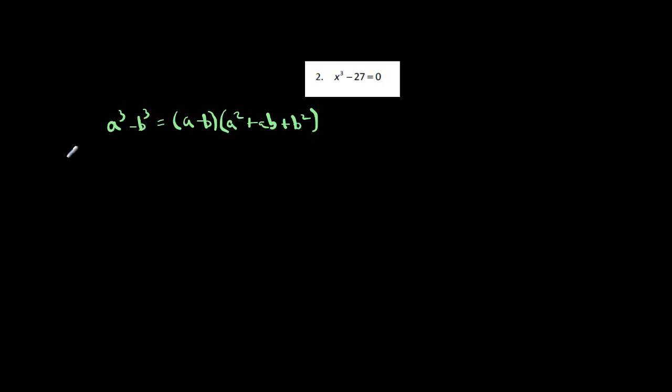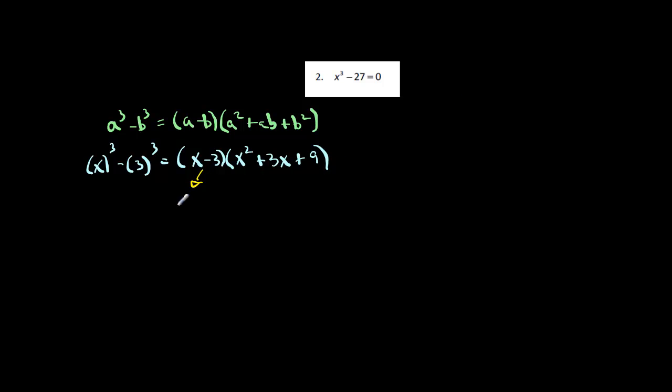So let's rewrite this in this form. So it's going to be x cubed minus 3 cubed. A minus b is going to be x minus 3. A squared is x squared plus a times b, that would be 3x, plus b squared, that's going to be 9.